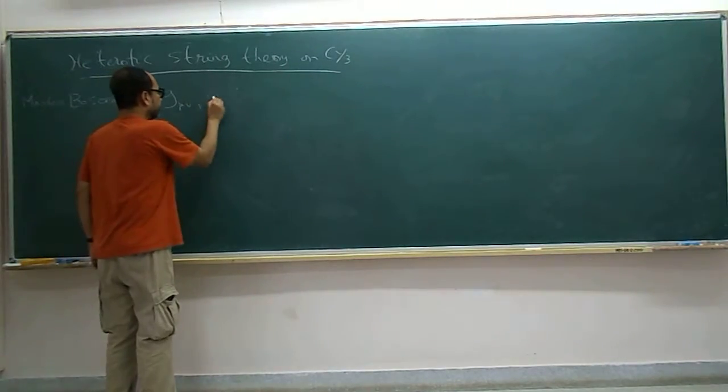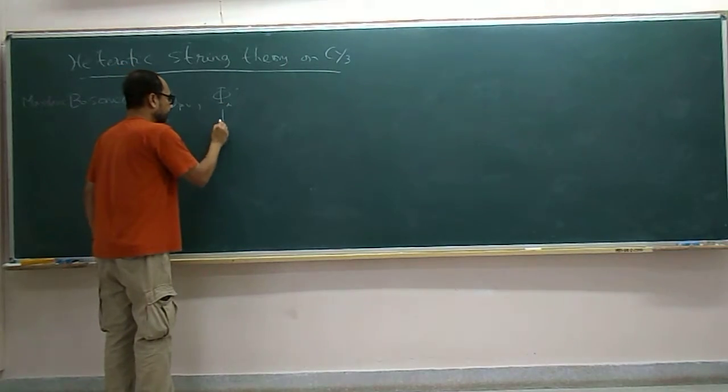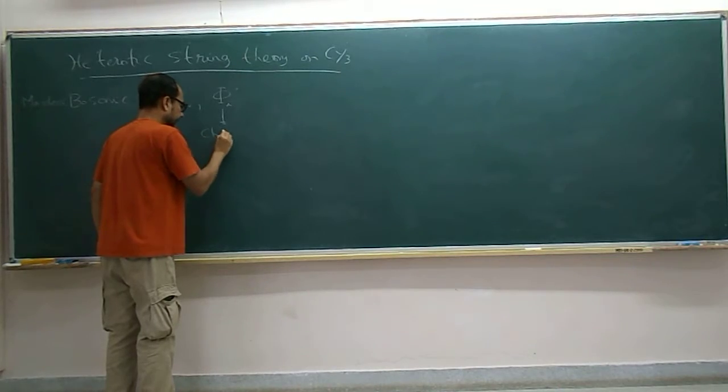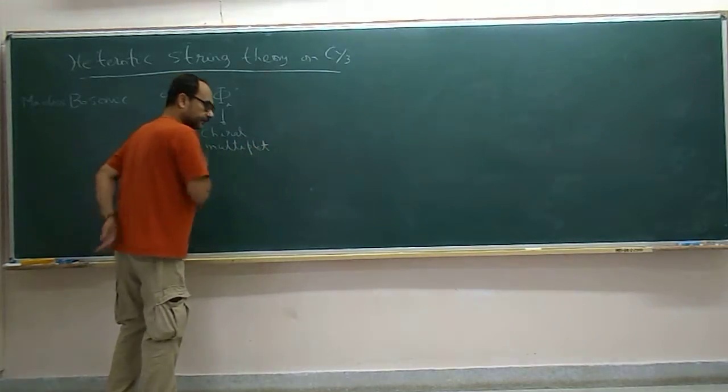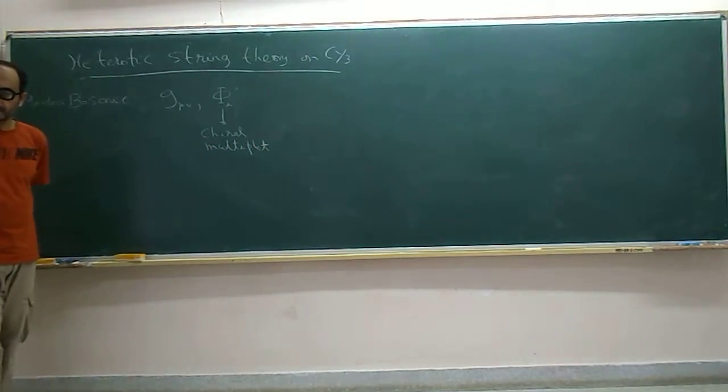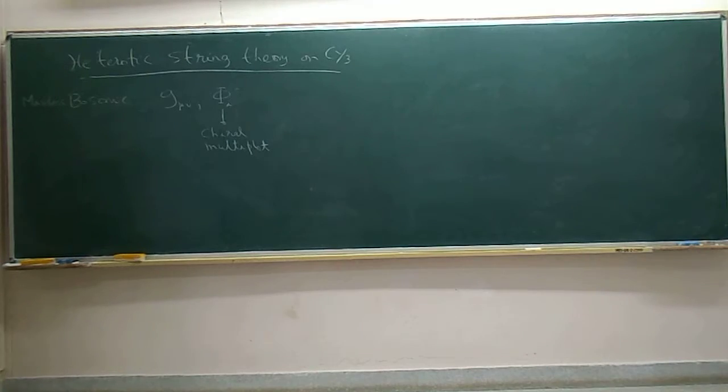Then you have a set of complex scalars which are denoted by phi I. These are scalars of the chiral multiplet. Its complex conjugate will be the scalars in the anti-chiral multiplet.